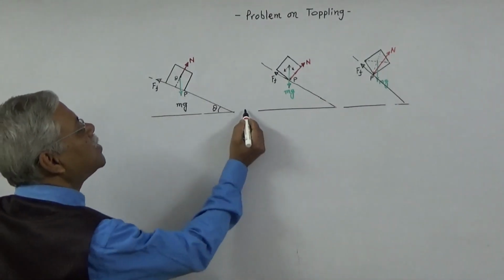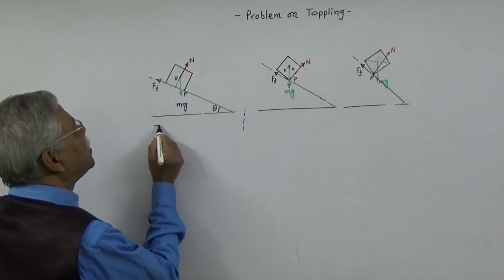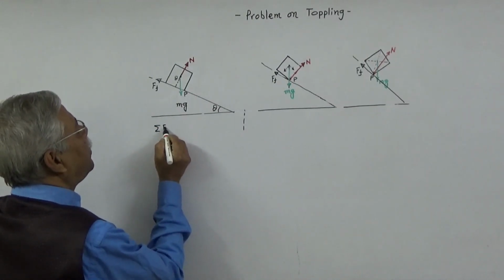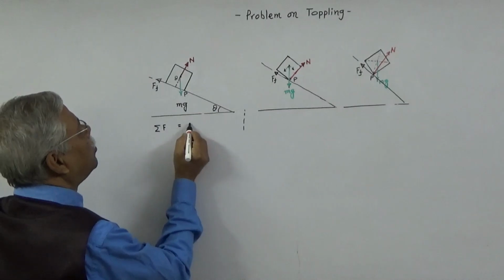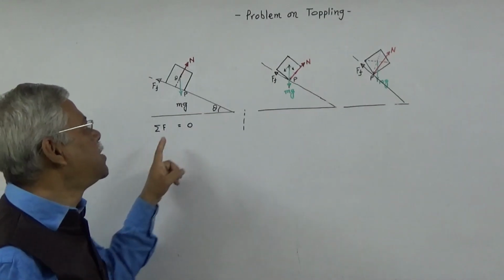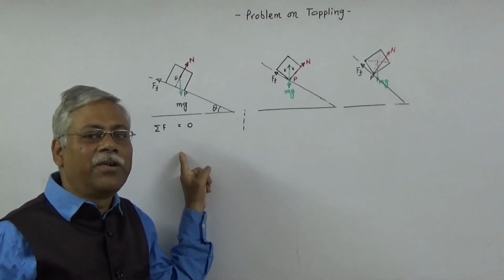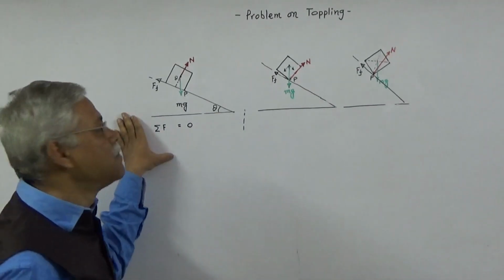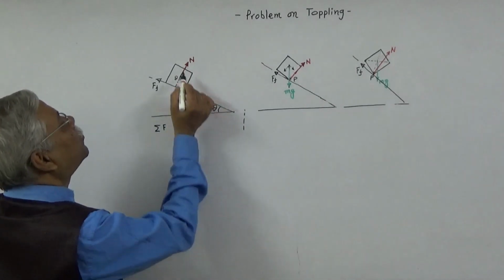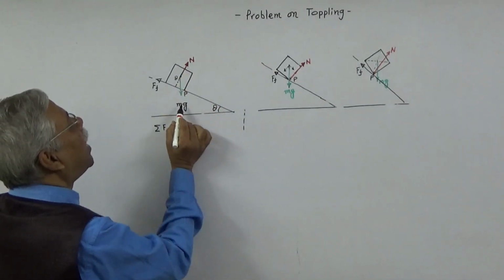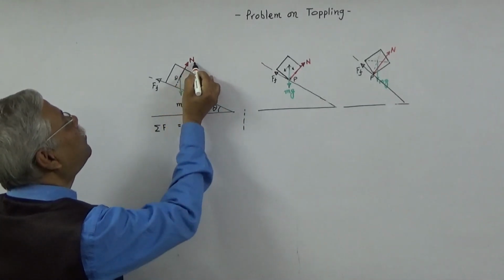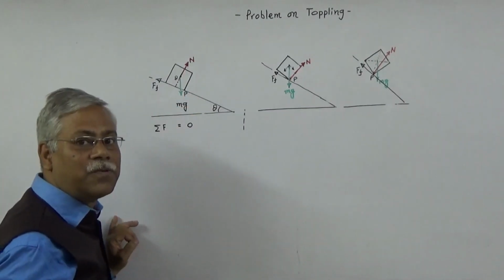The condition for translational equilibrium, summation F equal to 0, means the resultant of all the forces acting on the body is 0. The forces acting on the block are mg, normal force, and frictional force.